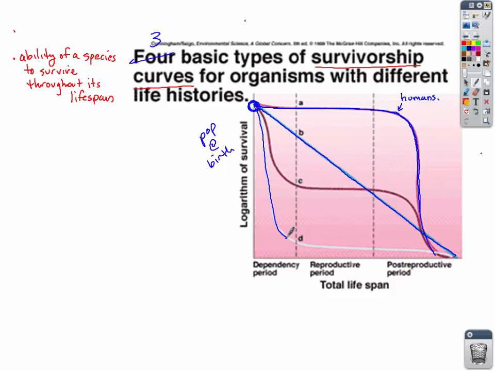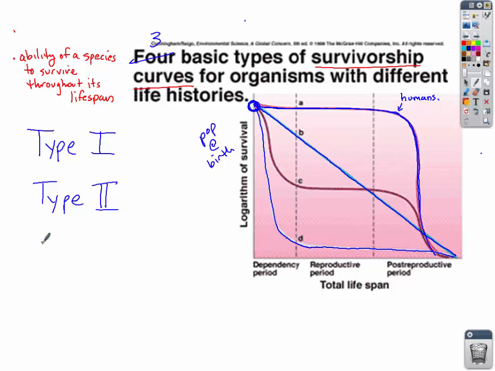Those that survive that initial die-off will live a long life and survive throughout their lifespan, and then at some point they decrease. So you have basically three types of survivorship curve, and we're going to label them, very sophisticated: Type 1, Type 2, and you can guess the third one is Type 3.